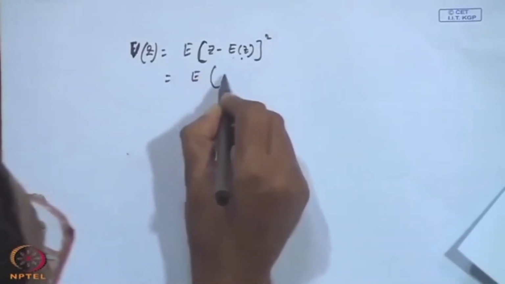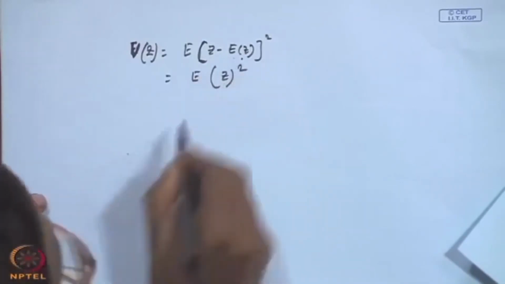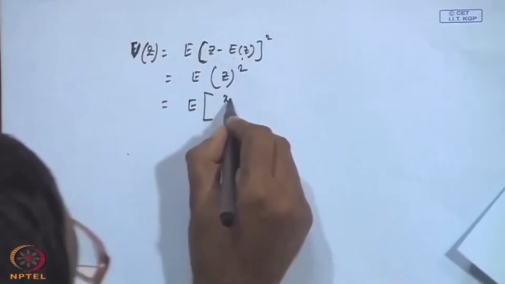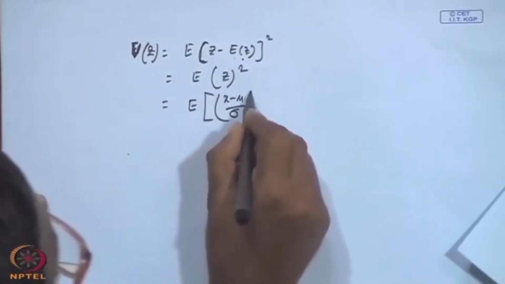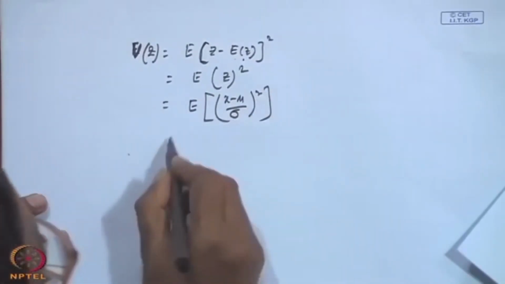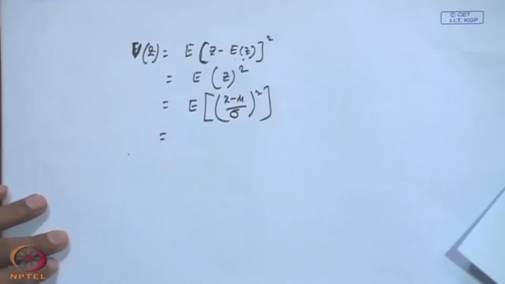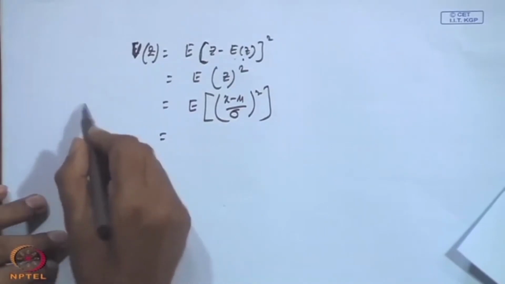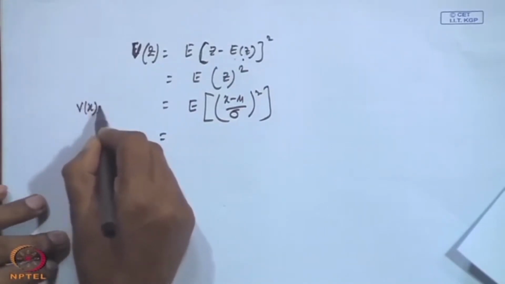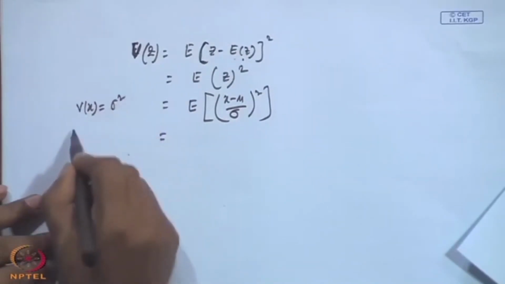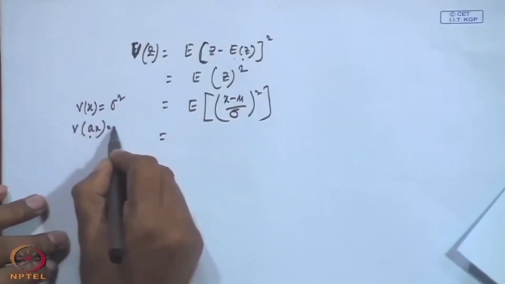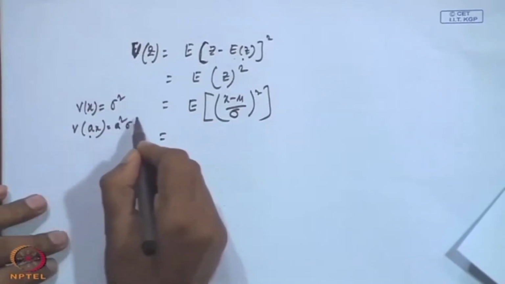The expected value of z already you got as 0. So, this is basically the expected value of z square, where z is x minus mu by sigma. Now, if the variance of x is sigma square, the variance of a x, where a is a constant, will be a square sigma square.